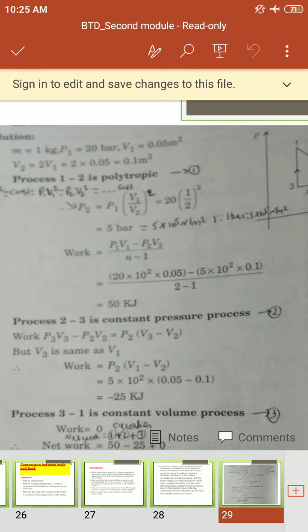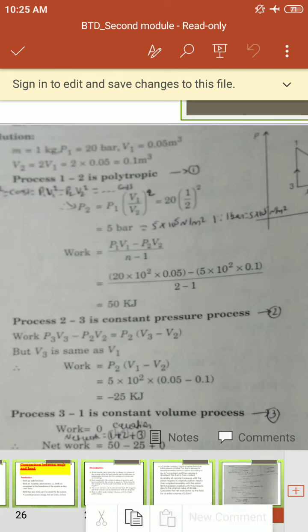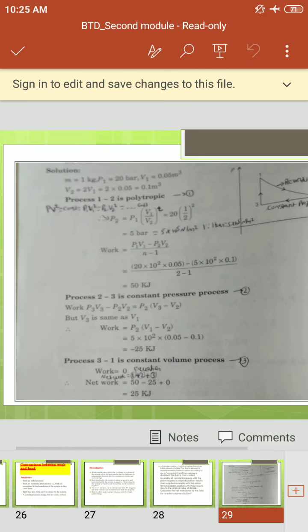There, 20 into 10 raised to 2 into volume V1, given 0.05, minus P2 V2. P2 we found as 5 into 10 raised to 2 in terms of kilo, into V2 given, divided by n. PV raised to n means n is how much here? 2, minus 1. Finally, the work done is 50 kilojoule for the 1 to 2 process.